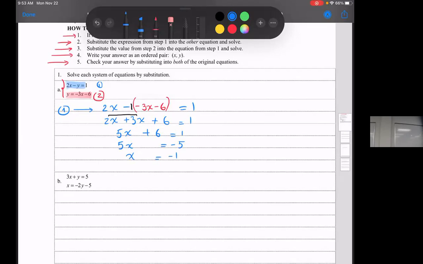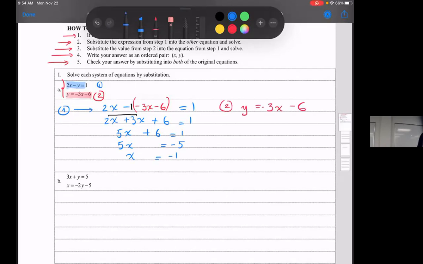Now I have to solve for y. All I have to do is plug this x back into the red equation. The second equation is y equal negative 3x minus 6.